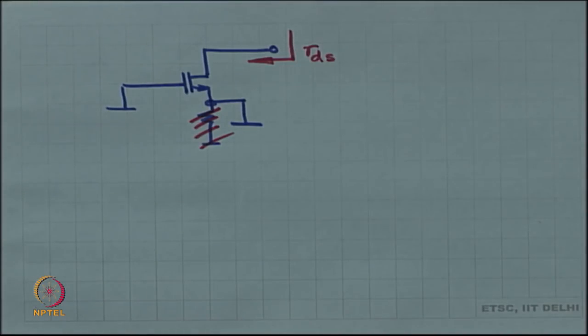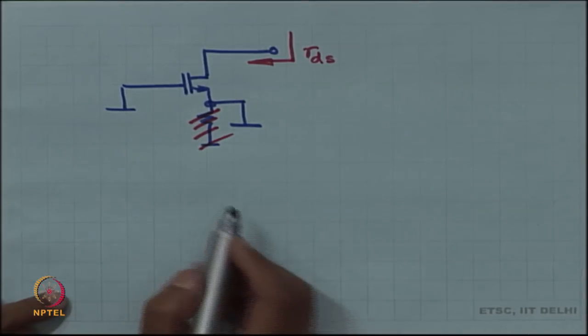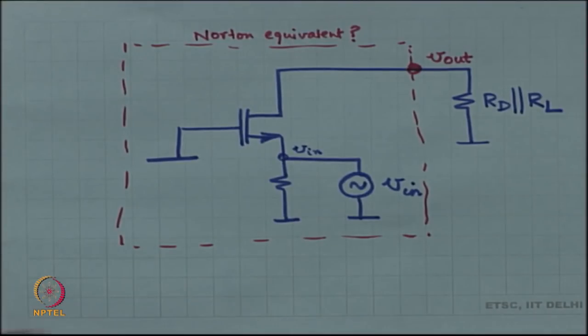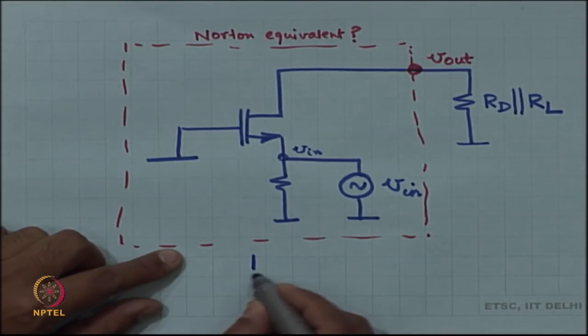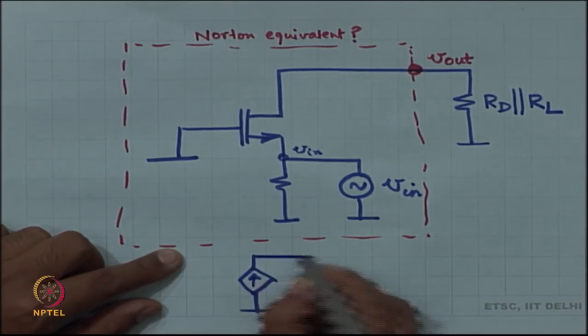So, my Norton equivalent model is built, right. So, the Norton equivalent model of this entire circuit looks like this. It looks like a current source, actually it is a controlled current source, with a resistor in shunt.